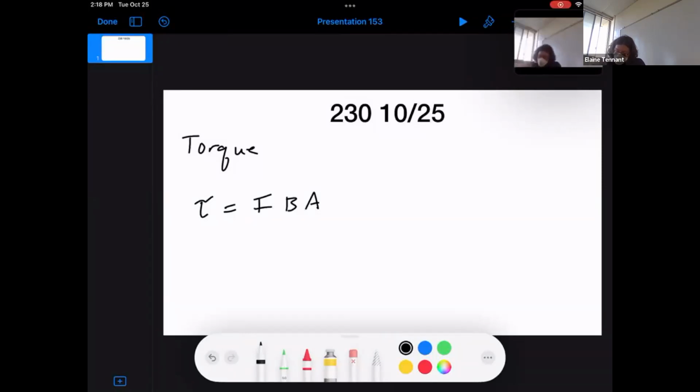And so let's talk about direction at this point, because I don't remember how I set up this problem the other day. Did I have my current going clockwise or counterclockwise? Like this? Okay, excellent. And did I have my magnetic field going to the left or the right? Or up or down?